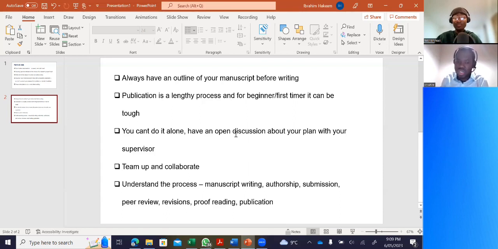I'm going to share a story here. You can't do it alone. Have an open discussion about your plan with your supervisor. That's why my master's thesis didn't get published; it was because of this. Before I talked to this professor, I was really passionate because I had published my bachelor's work. I wanted to continue in that spirit, so I wanted to publish my work.